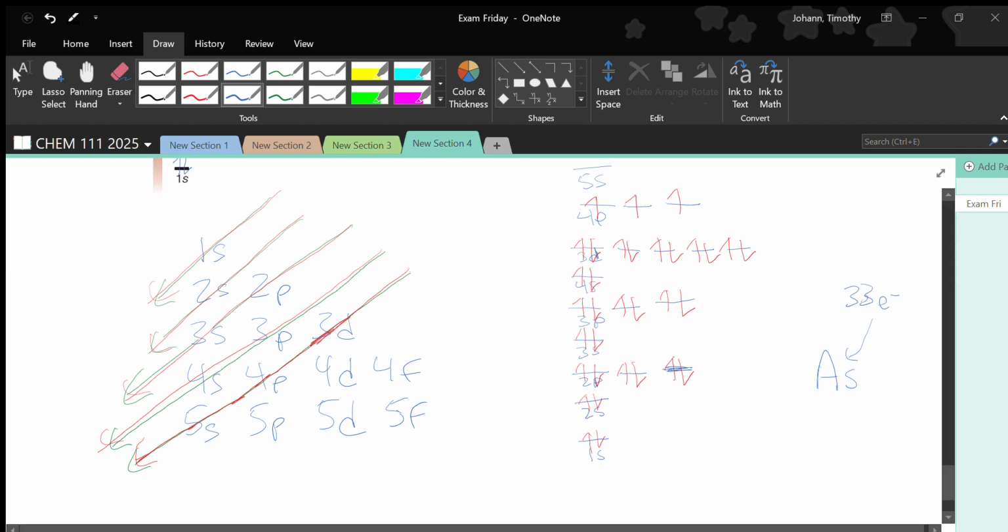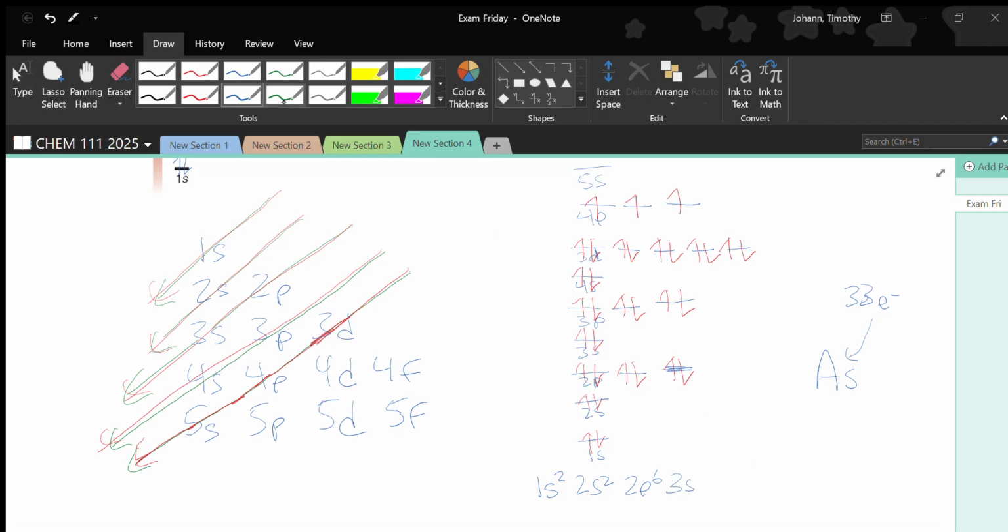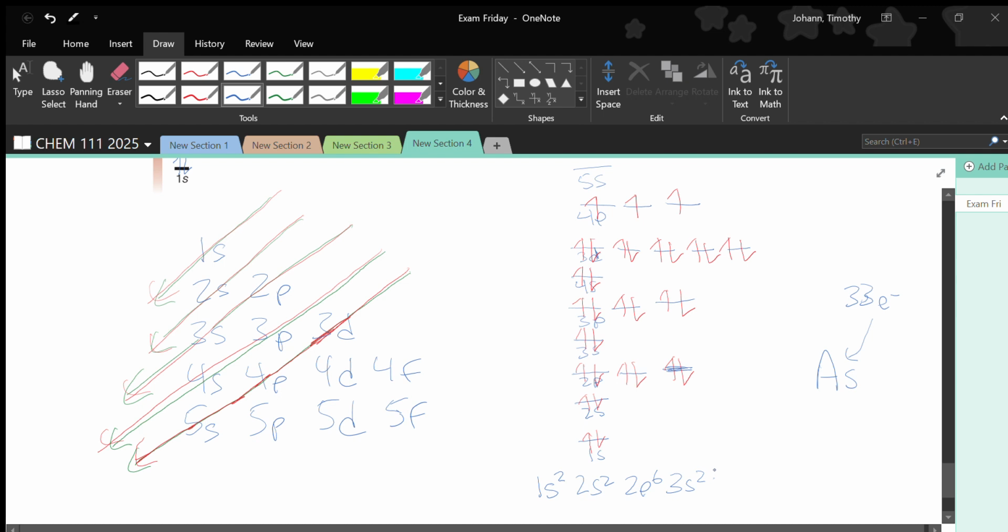All right, so what I can do is I can write these out and go 1s, right? And that has how many electrons in it? The 1s. 2. 1s2 with a little superscript 2. 2s has 2. 2p has 6. 3s, 2. 3p, 6. 4s, 2. 3d is going to be 10.